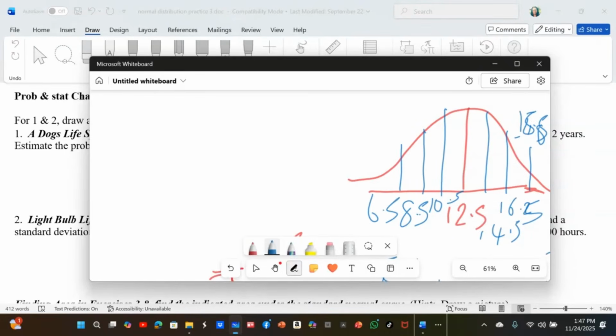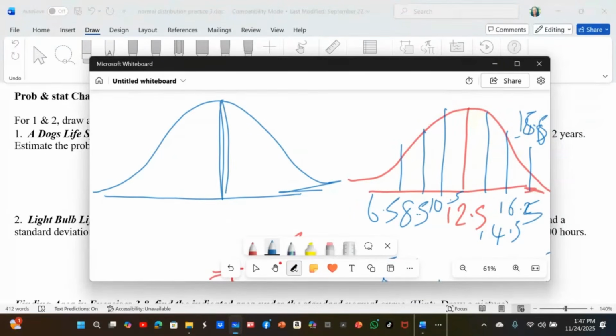I am also told to draw a standardized normal curve, and the center is the mean. According to z-score, z equals the raw score 12.5 minus the mean 12.5, over the standard deviation.